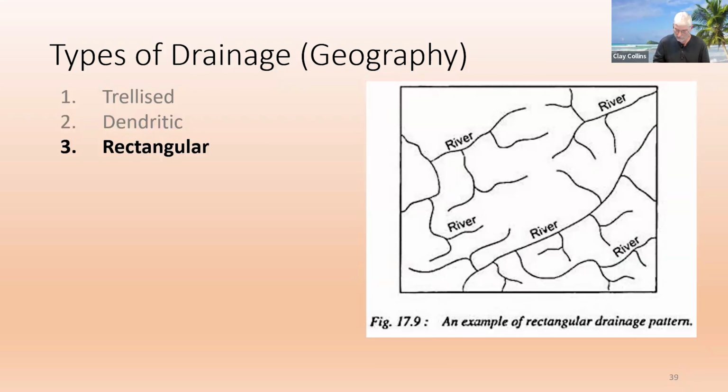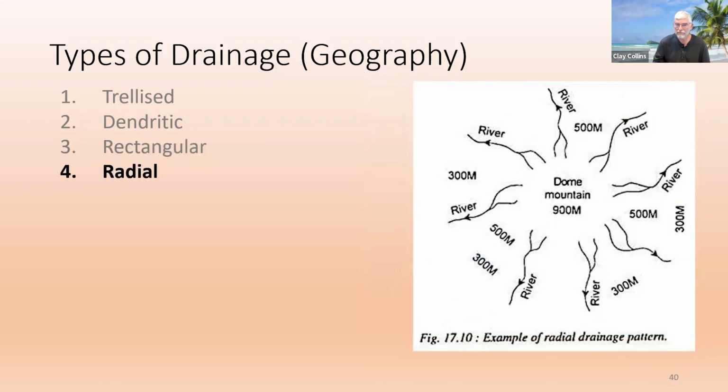Rectangular. Every place that you have those little tributaries meeting another river section. Radial. And it's just everything downhill, everything downstream.